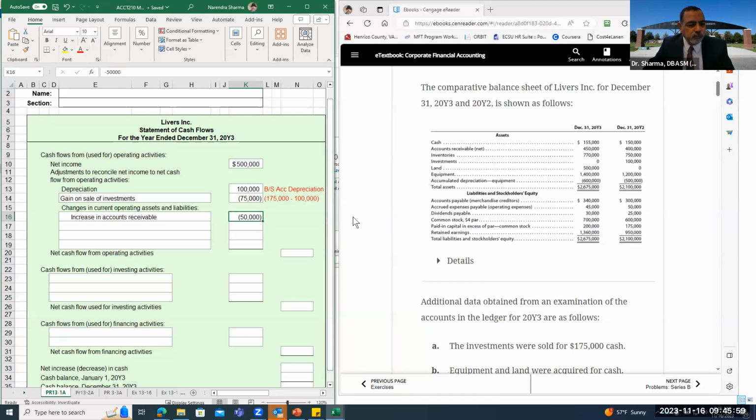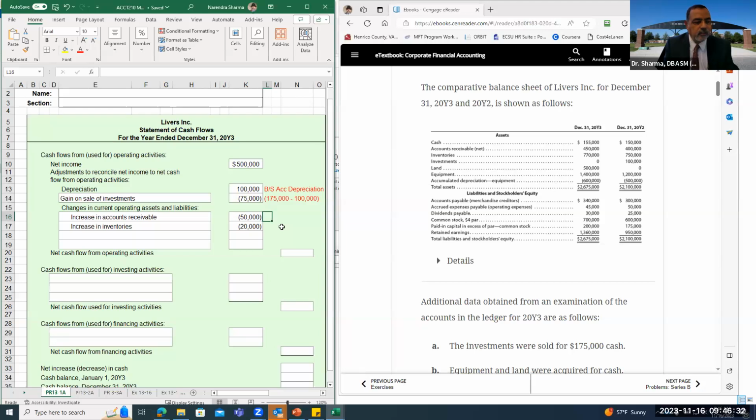Next, we are going to look at the inventory. Inventory was 750,000 in the first year. Now it is 770,000, so it has increased by 20,000. So the increase in inventories is again a negative amount. That is how I got that 20,000.